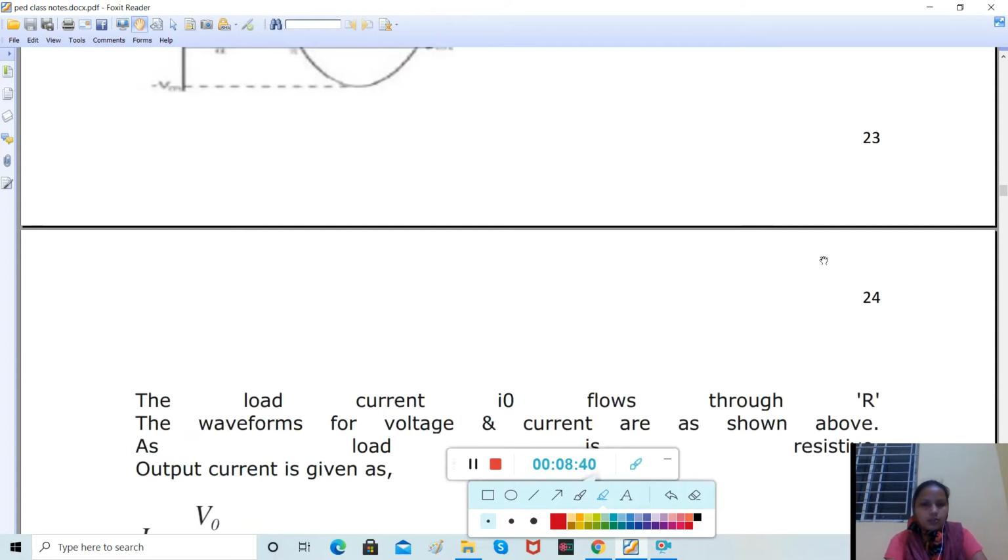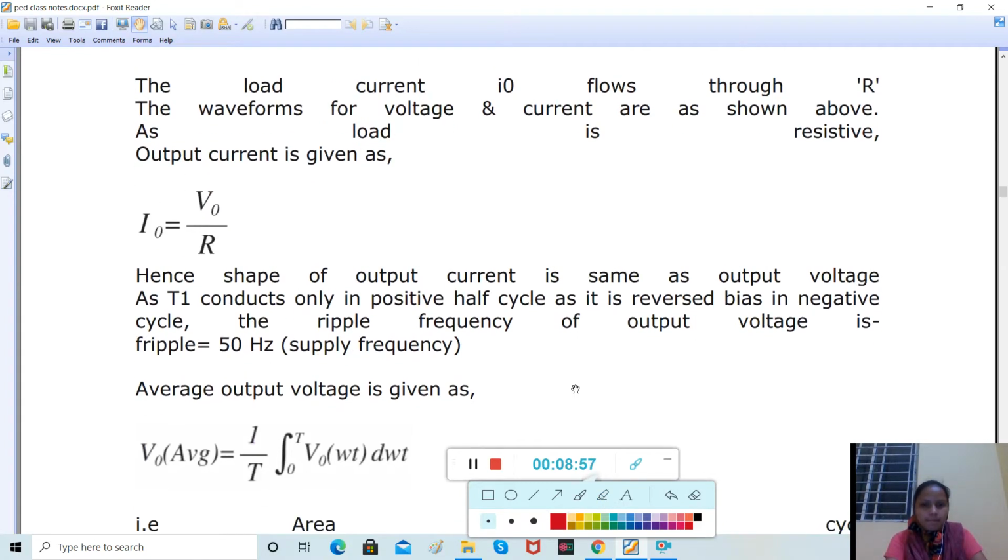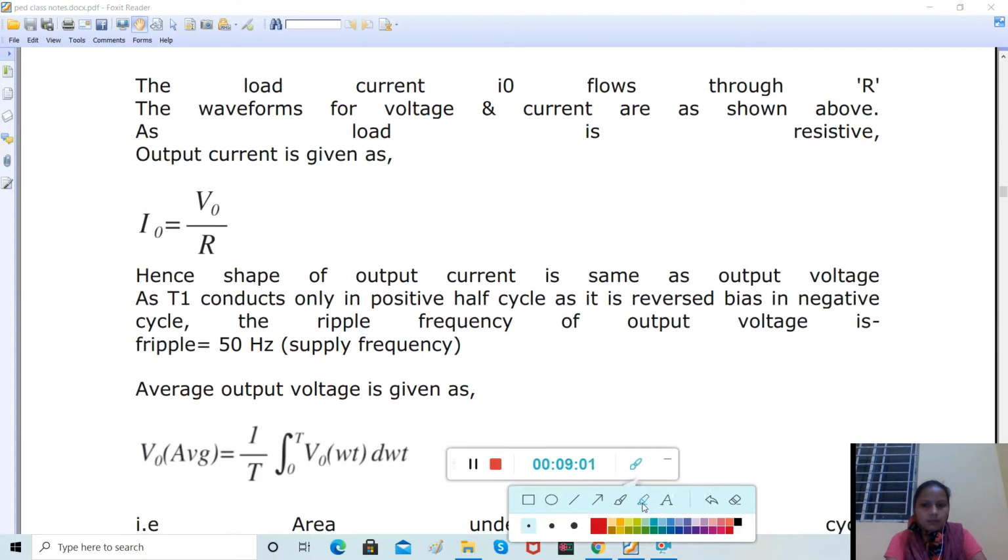Okay, so these are all the descriptions. V0 is the voltage across the resistive load.